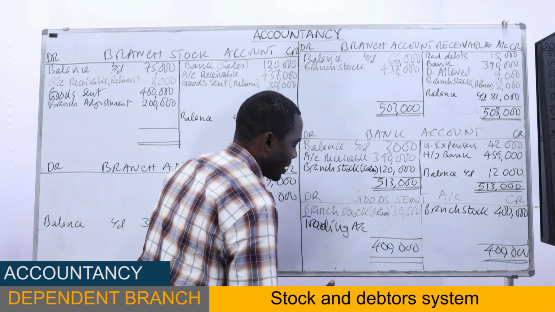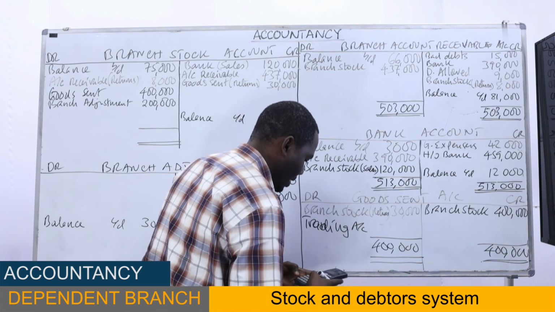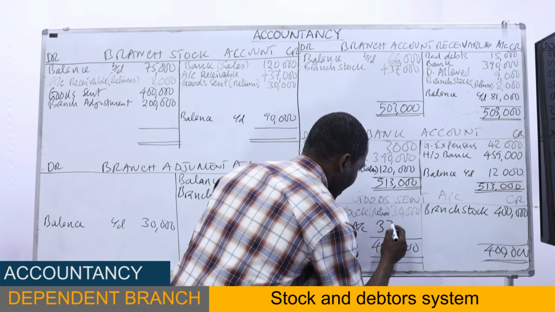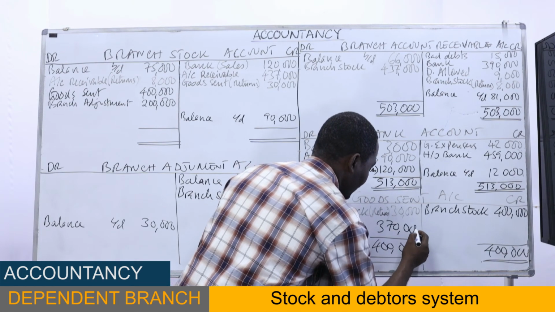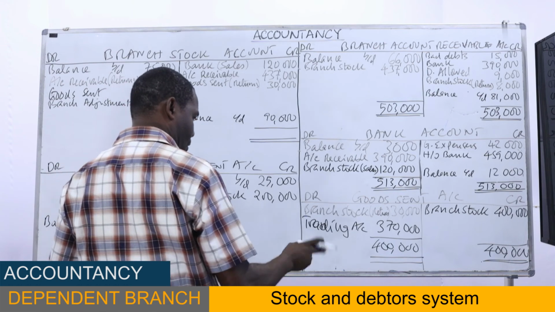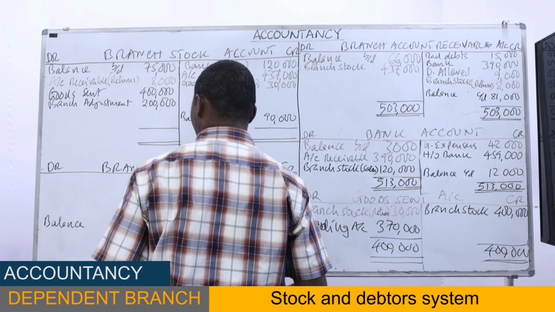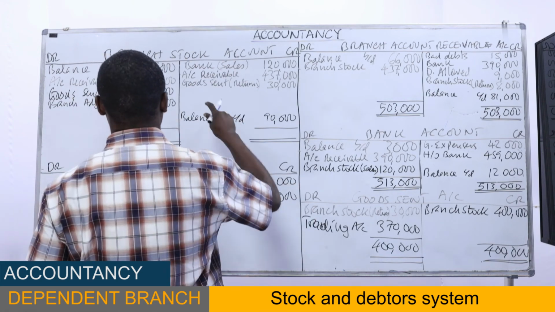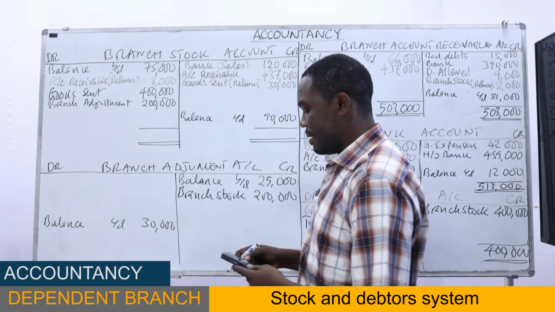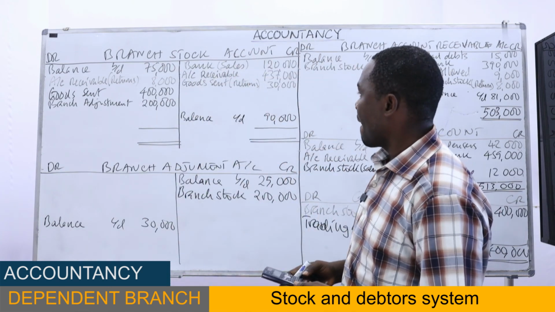If you less the 30,000, we get how much? 400,000 minus 30,000, we get, okay, 370. That will be transferred to income statement or trading account.